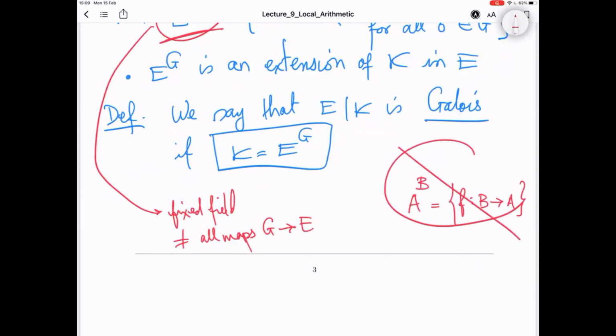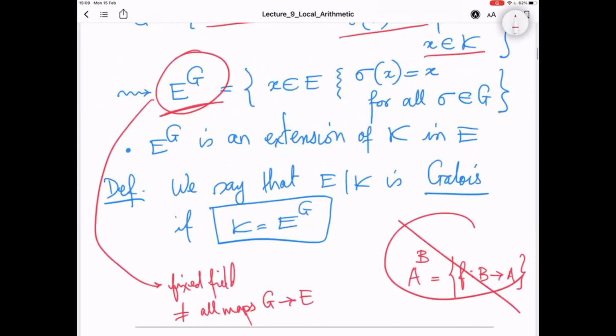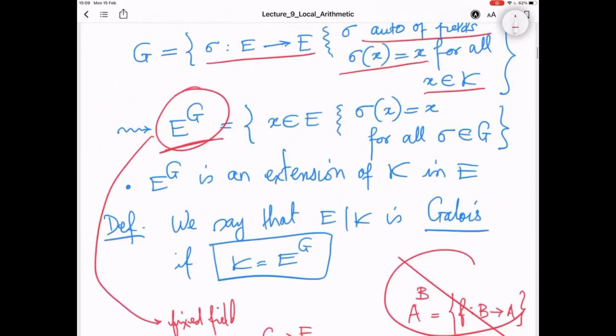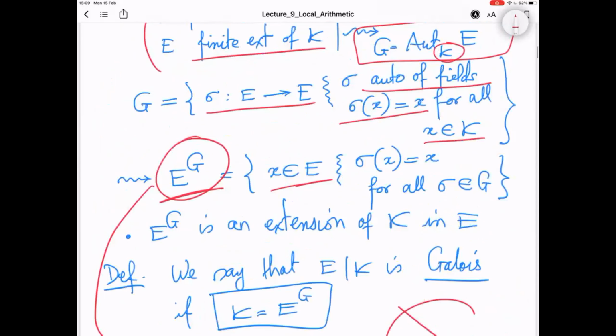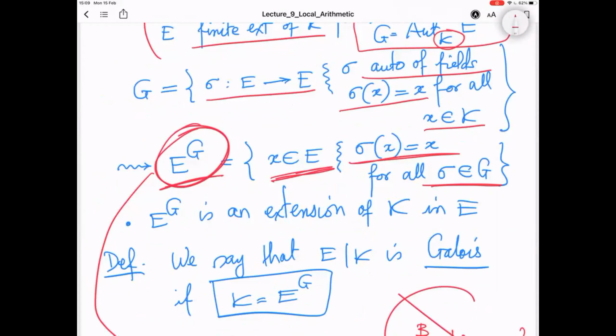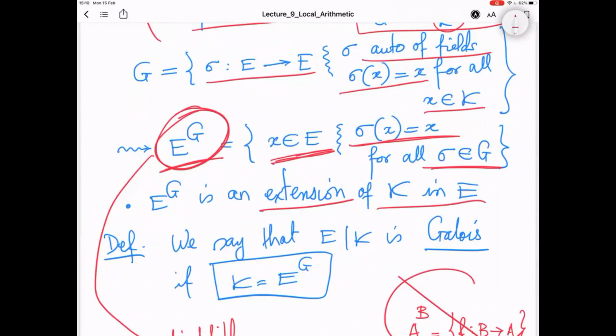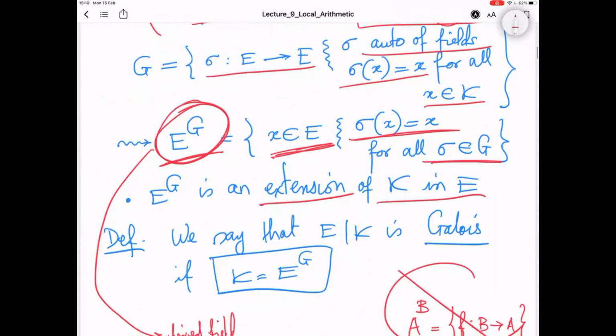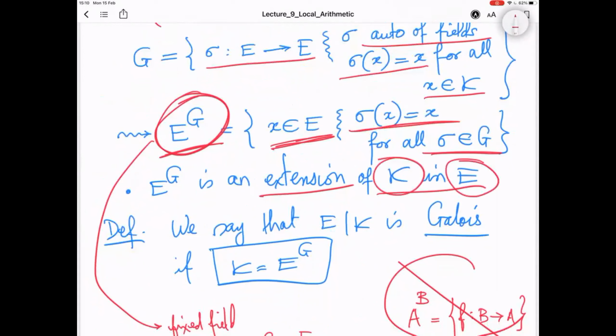So E^G is the set of all elements in E which are left fixed by every sigma in G. Sigma of x is equal to x for every sigma in G. Such x, this E^G is a field. It's an extension of K inside E, which is saying that it's a subfield of E and it contains K. So it's a field between K and E.